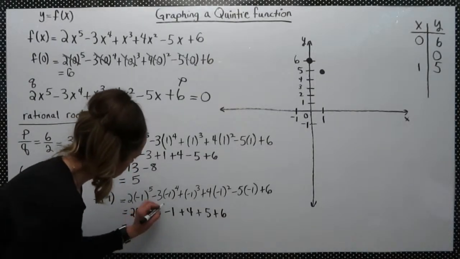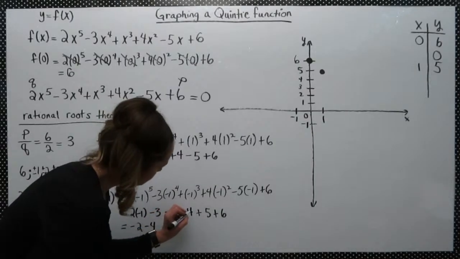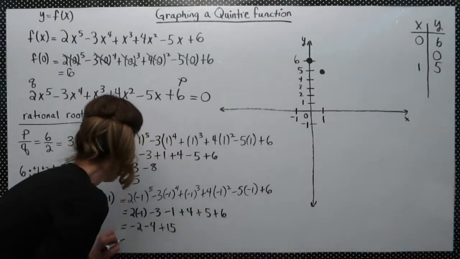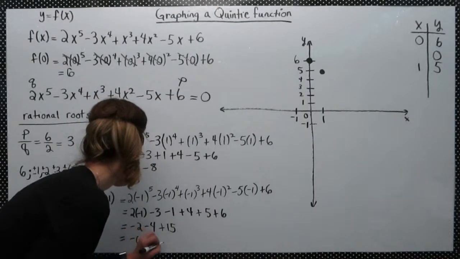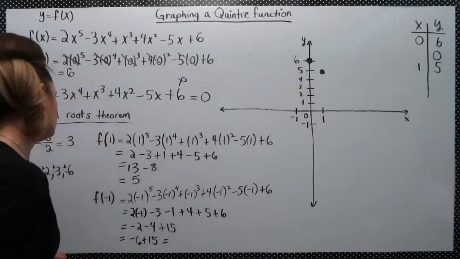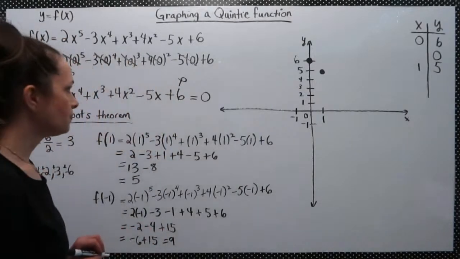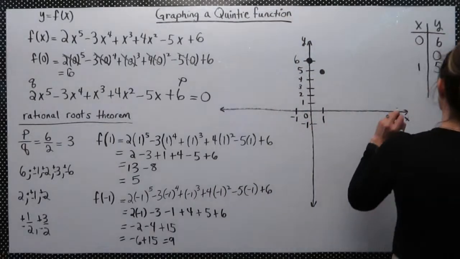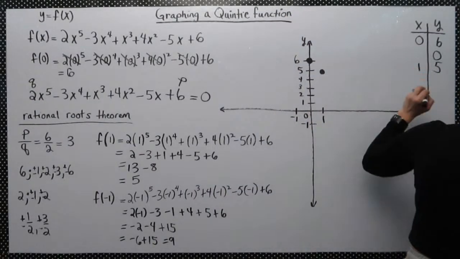And then we'll try to add some of these. -4. And then 15. So what's that? We got -6 plus 15. 9. Okay, f of -1 is +9. So we're going to go ahead and put it in here.